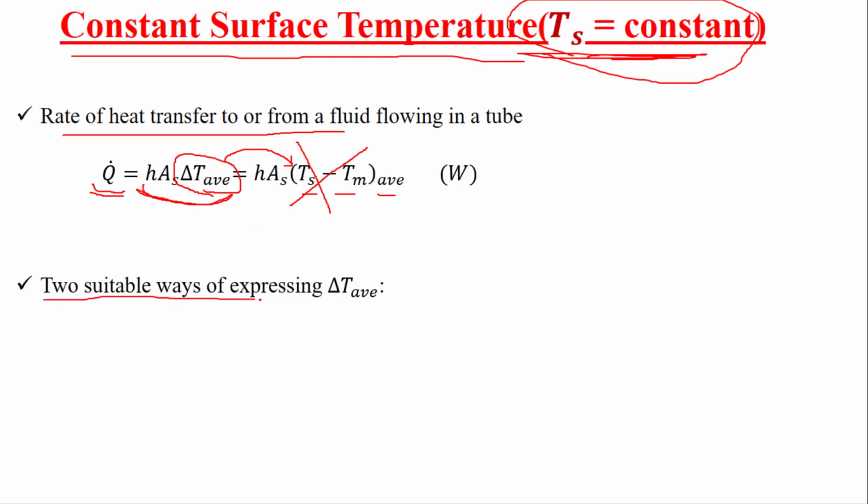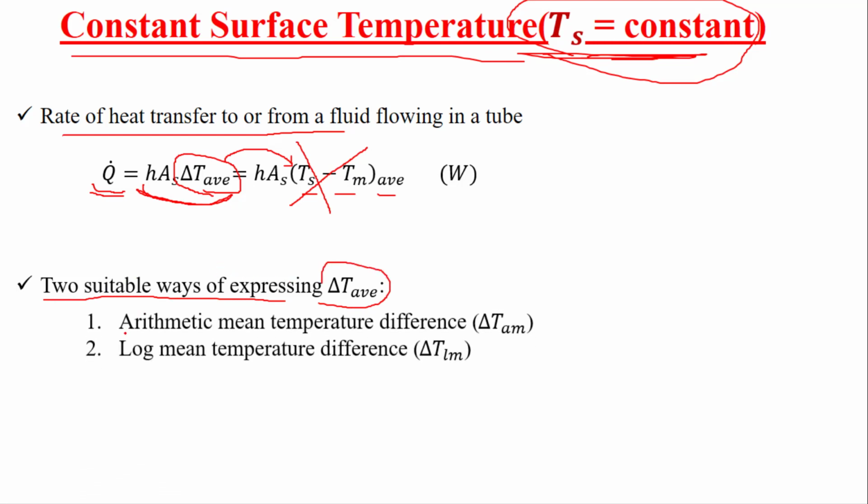So we have two suitable ways of expressing delta T averaged. Either we'll benefit from the arithmetic mean temperature difference, delta T arithmetic mean, where A represents arithmetic and M represents mean, or the log mean temperature difference. Either we'll use this scenario or that scenario in order to substitute it inside here.